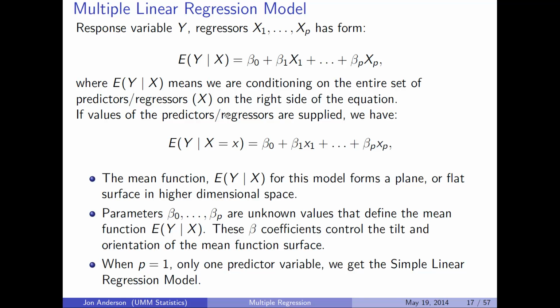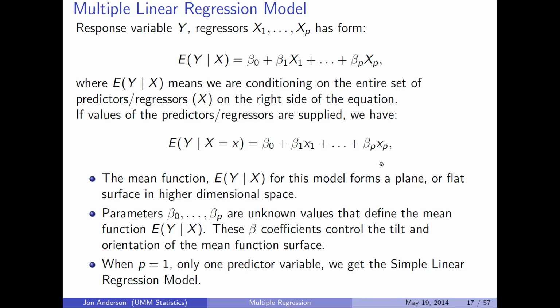If you know the values for the pieces of predictor information, you can supply an observed or a candidate set of values, little x, and you can plug the variable values into the mean function, and you can express the expected value of y like this.